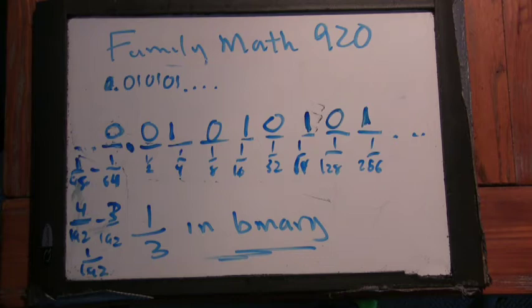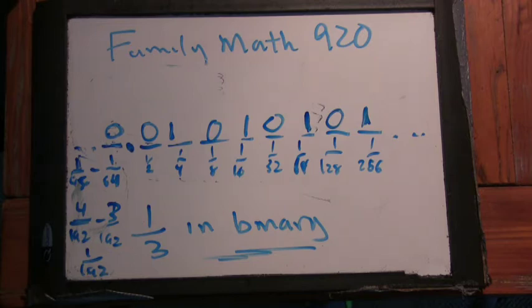But how do we check? How can we check if this is actually 1/3? Well, maybe if you add them. We know that if we multiply 1/3 by 3, it should equal 1.